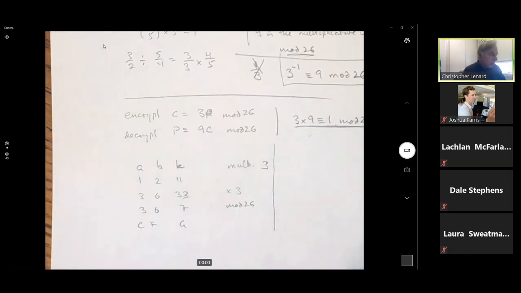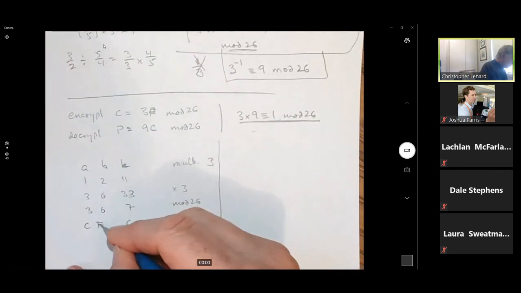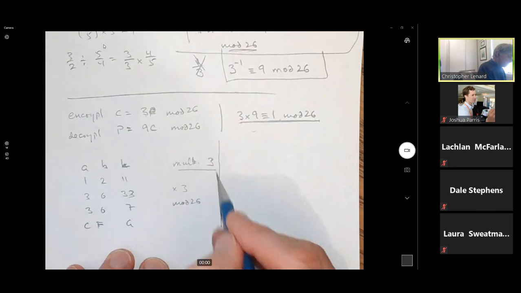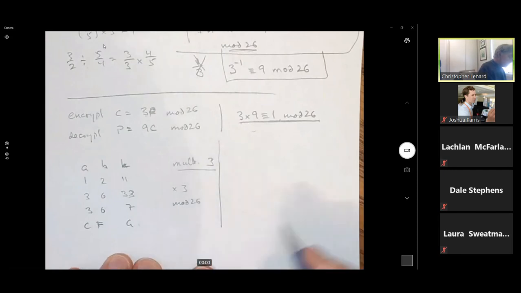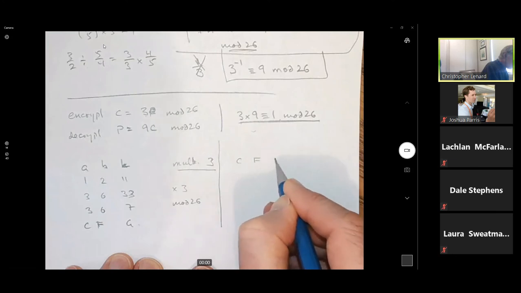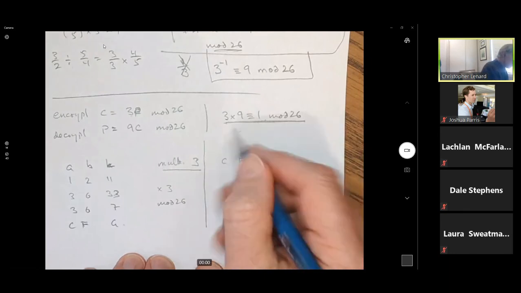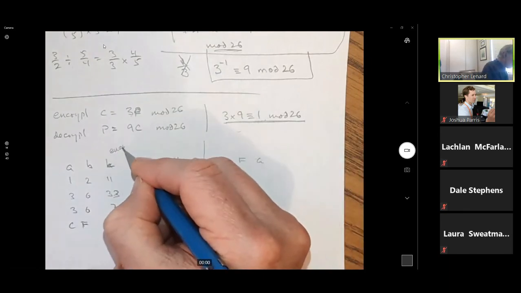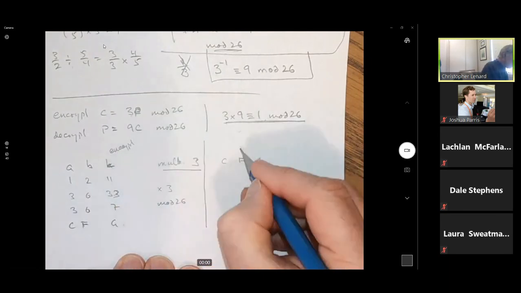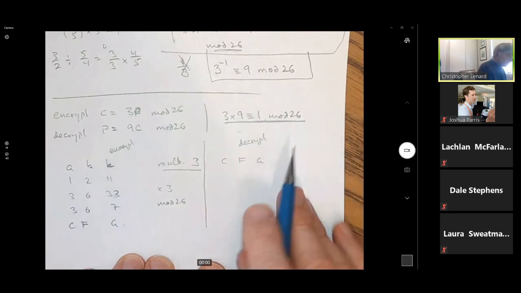Now, let's just make sure that that works when we decrypt it. So, multiply by 3 to encrypt, we get CFG. Now, suppose you're the person at the other end, you get CFG. So this is encrypt. This is decrypt. How are we going to decrypt?